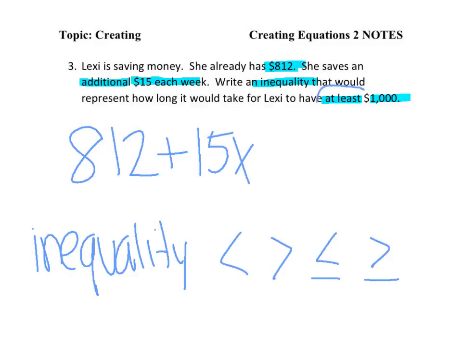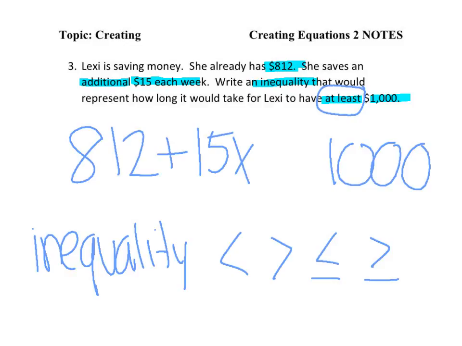Now when you see the words at least, that means $1,000 is the lowest amount that you want. It could be equal to $1,000 or more than $1,000. So, I know it's going to involve 1,000. The problem is, which of these inequality symbols is it going to be?